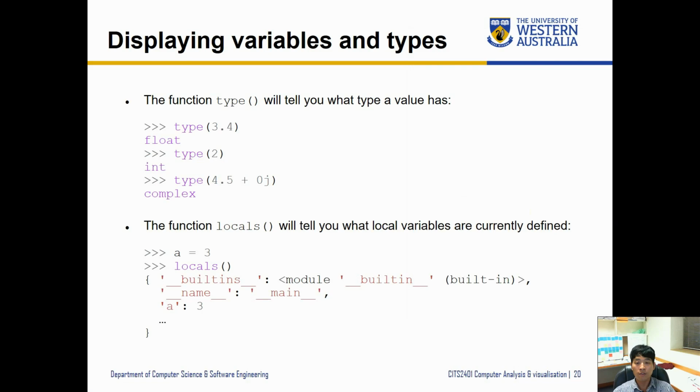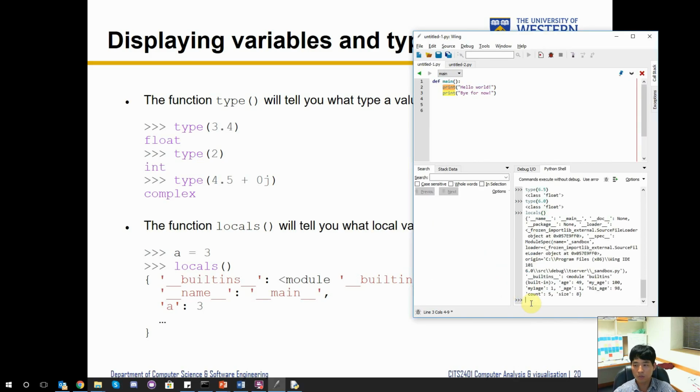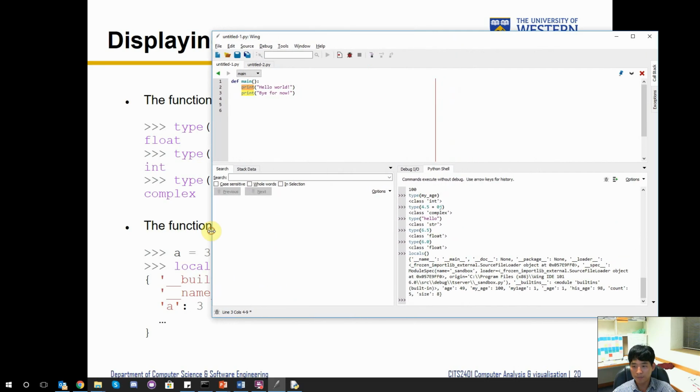And also the function locals will tell you what local variables are currently defined. So that means locals, let me make it a bit bigger so it's easy to see. So here we have some predefined names.